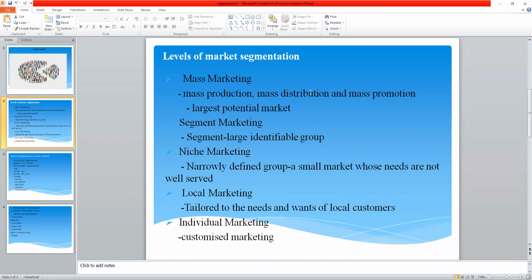No two buyers are same or alike. Each and every individual has their own set of preferences. Our likes, dislikes, they differ, and hence the importance of segmentation.